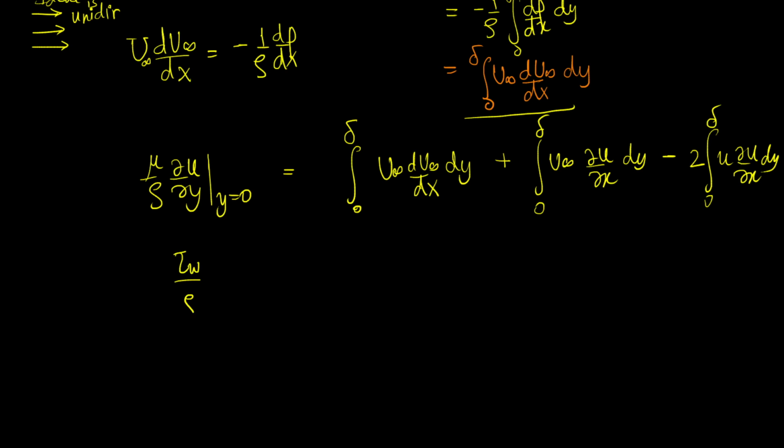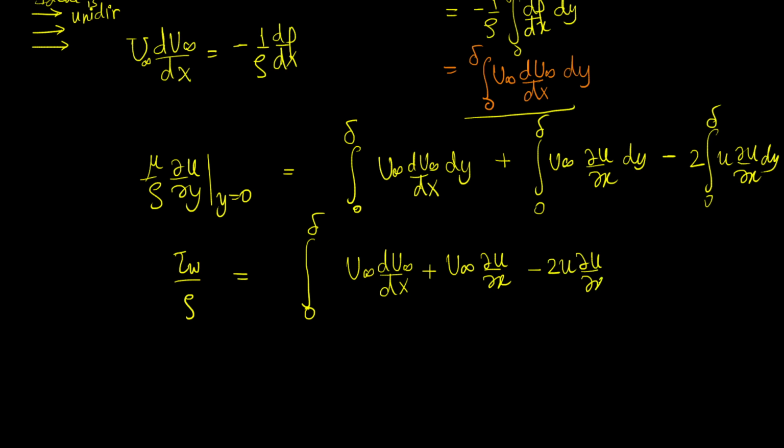So tau wall upon rho is equal to integral 0 to delta u infinity du infinity dx plus u infinity del u del x, plus rather minus 2u del u del x. So this is what we have so far.